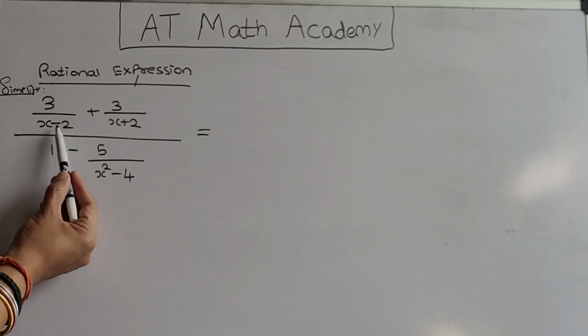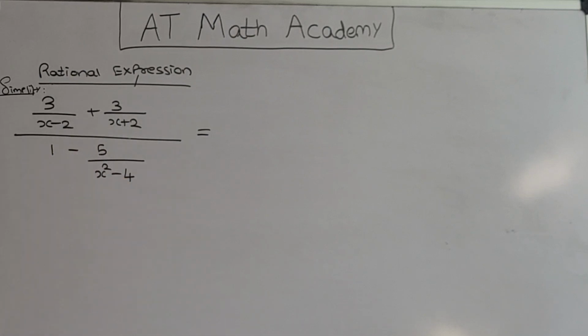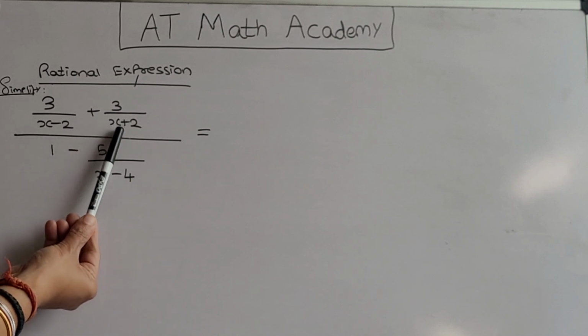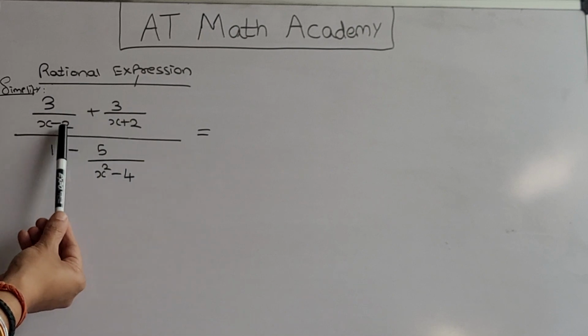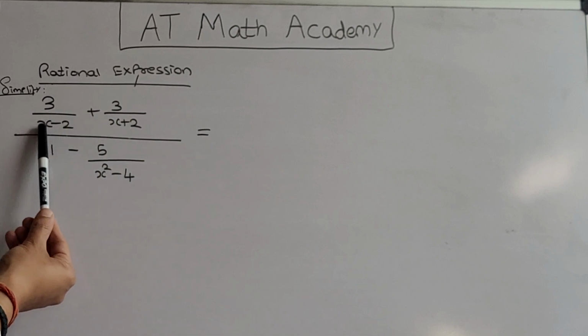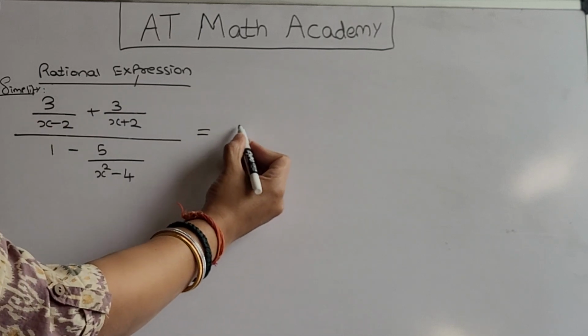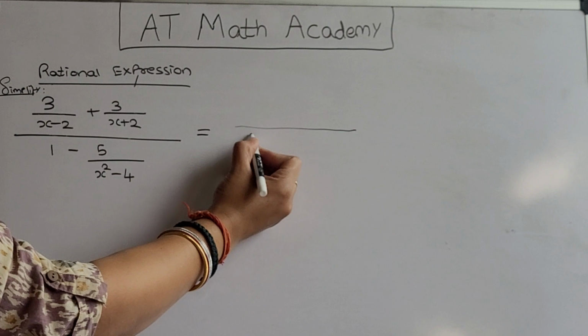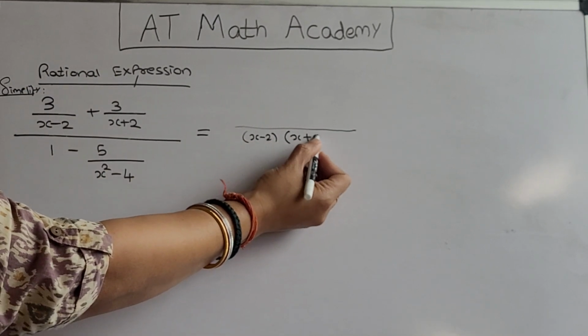For the numerator, I have two denominators, which are x minus 2 and x plus 2. I have two terms, 3 by x minus 2 and 3 by x plus 2. In order to add two fractions, we need to find the common denominator, which is got by multiplying these denominators. So my common denominator would be x minus 2 into x plus 2.